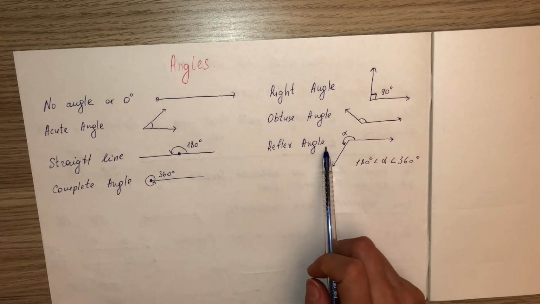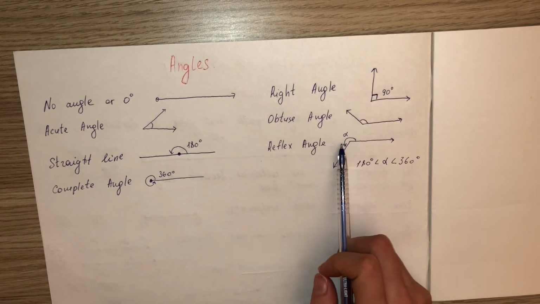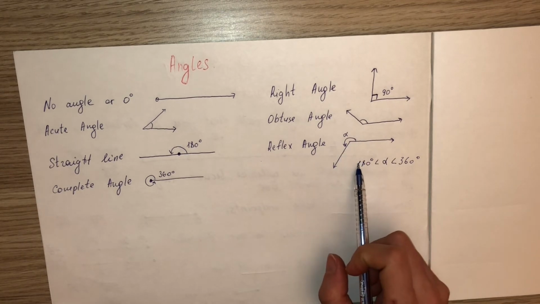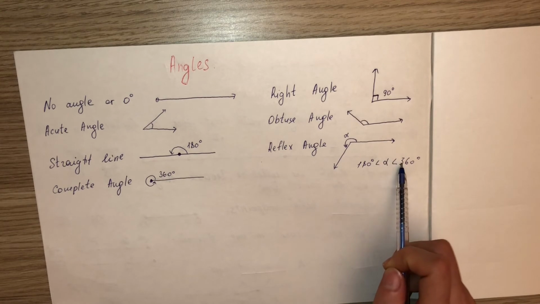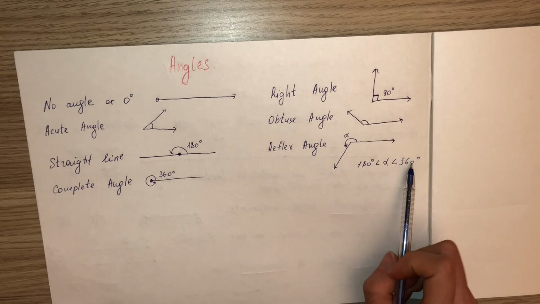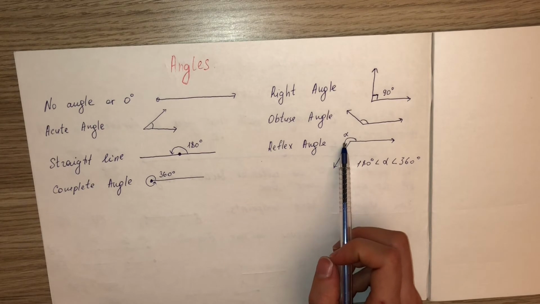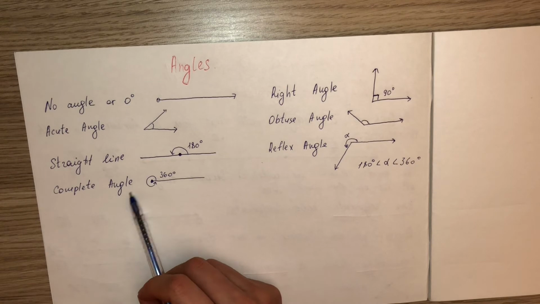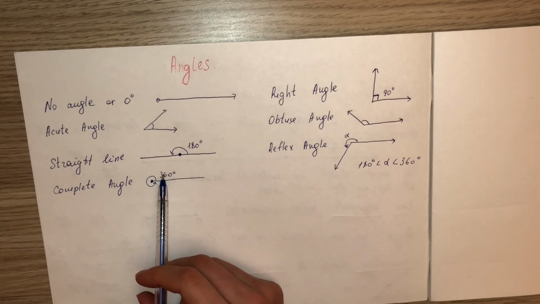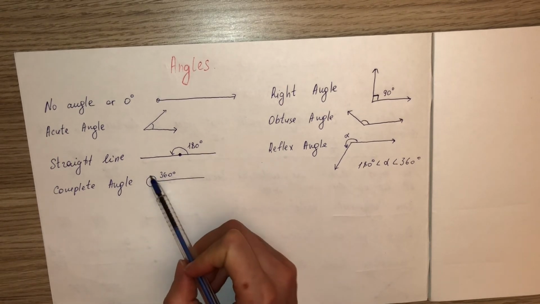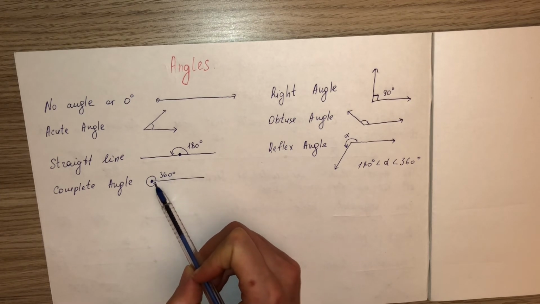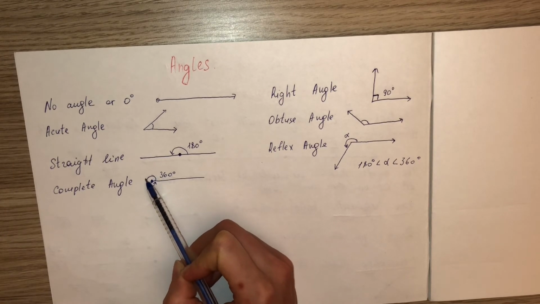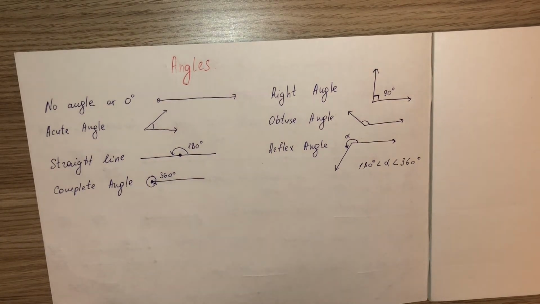This is a reflex angle, and as you can see, the degree of a reflex angle is between 180 and 360. So it can be either 270 or so on. The complete angle, the degree of a complete angle, is 360. As you can see, this angle is completed. It starts here and ends here also.